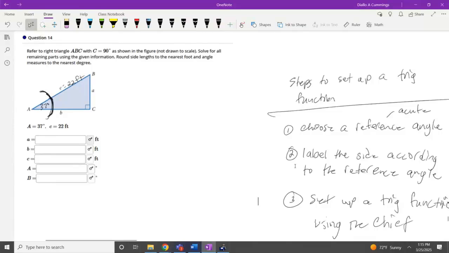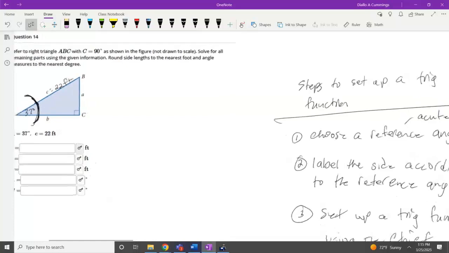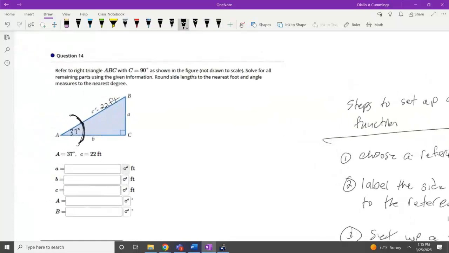The first side I always like to label is the hypotenuse. So remember that in any right triangle, the hypotenuse is across from the right angle. So side length C is the hypotenuse.